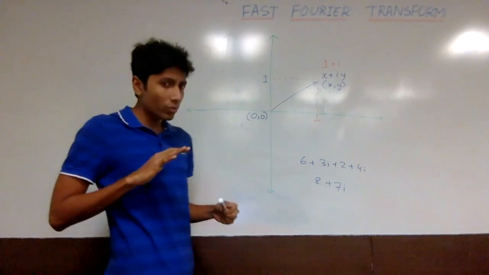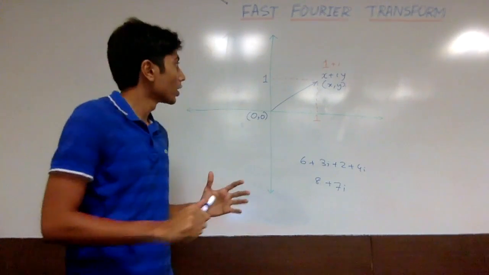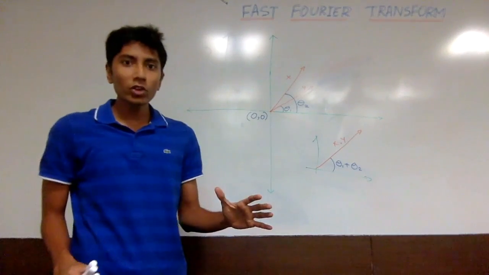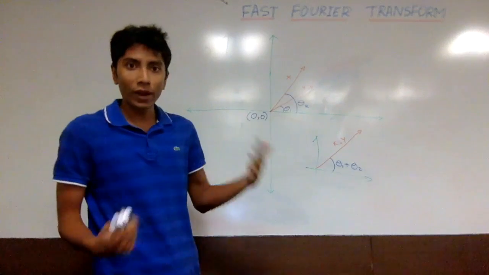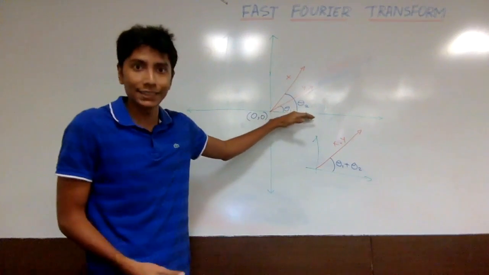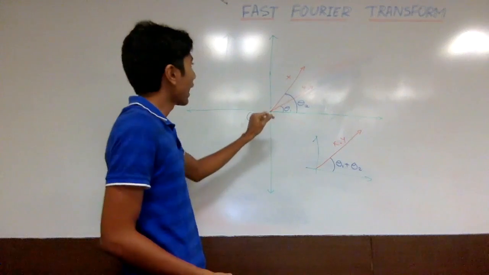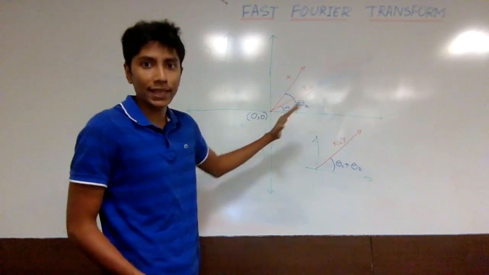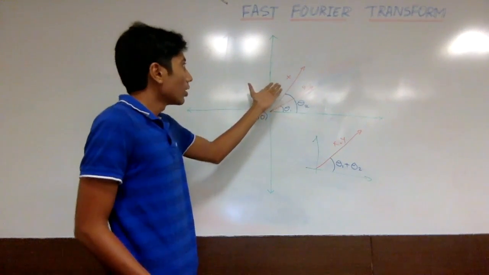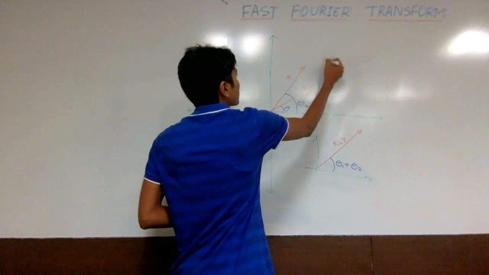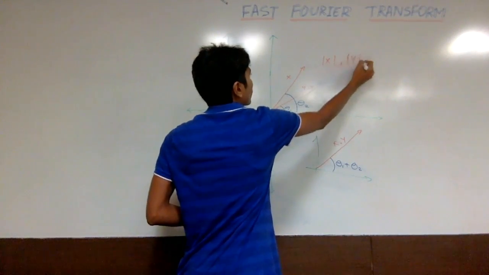Okay, and there are some really interesting properties with complex numbers. So what happens when you want to multiply two complex numbers? Here's where you need to think of these as vectors having some angle with the x-axis. Let's say y has angle theta 1 and x has angle theta 2 with the x-axis, and they have lengths mod x and mod y.